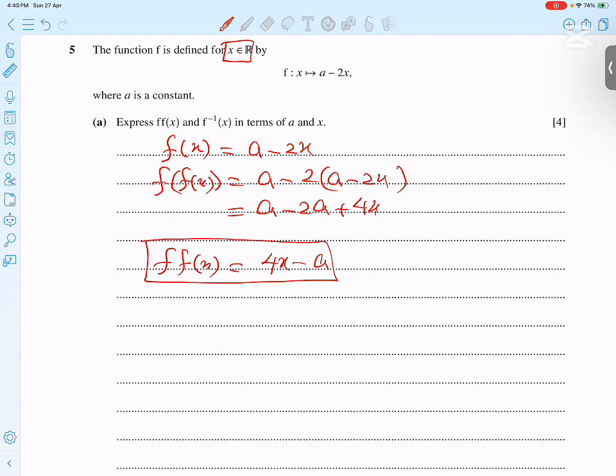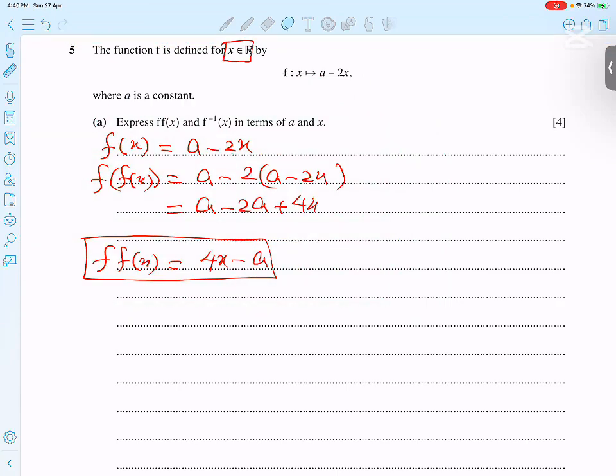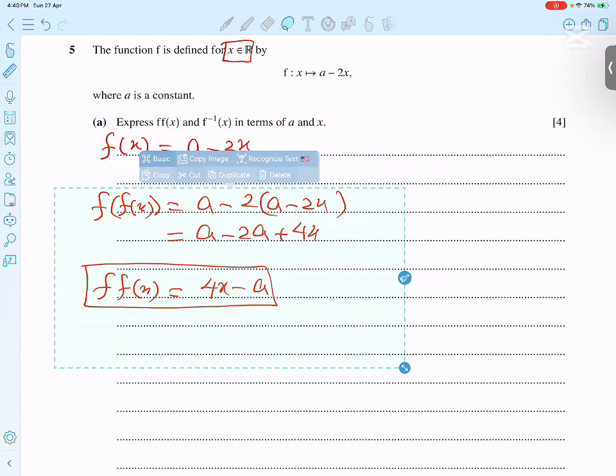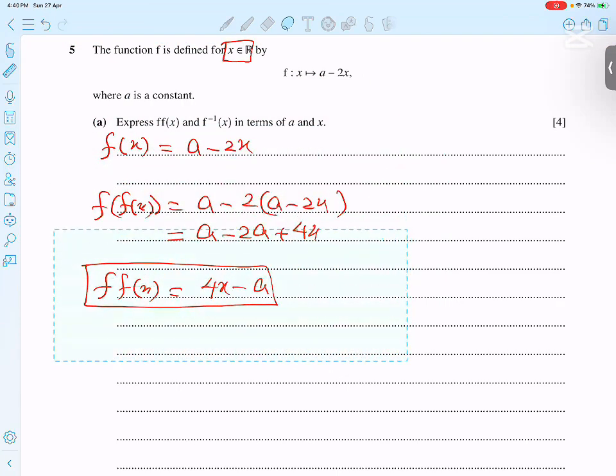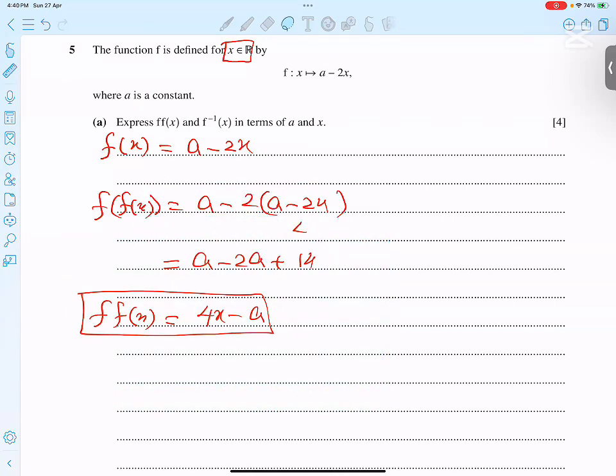First part is done. Second, he's asking for the inverse. How to find the inverse? So this is done. I think the idea is very clear. So keeping the space because we have enough space to write it. Now, how to find the inverse? Not a hard job for you. First of all, remove the function name and write y.